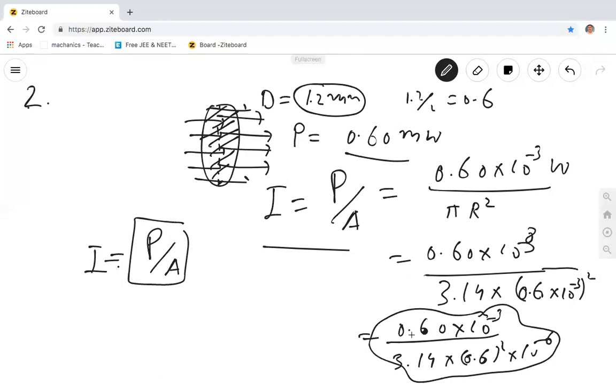The answer they give is 0.53. And what is yours? I'm getting 0.53 kilowatts. Are we getting the same answer? Yes.